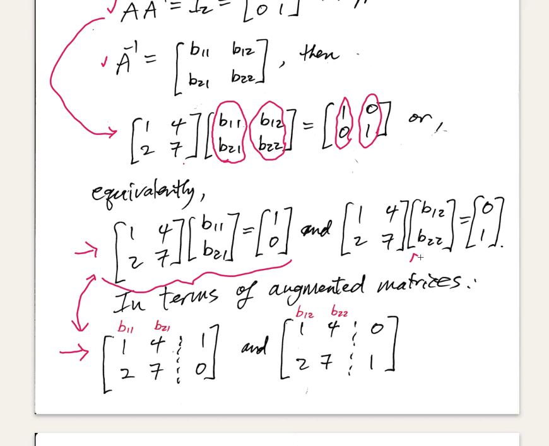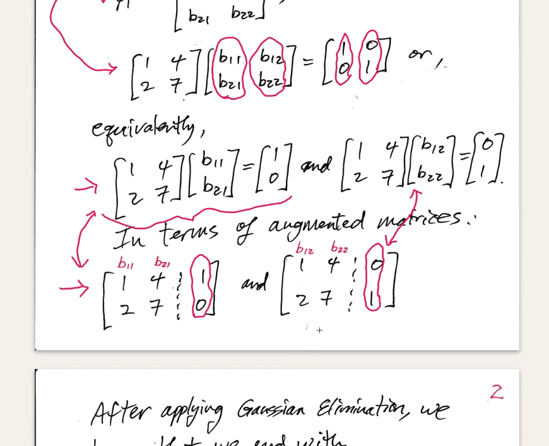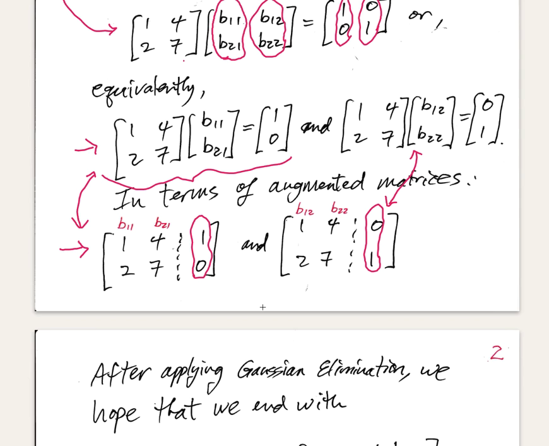Notice that we have a similar situation over here. The only difference between these two is the final column in each, the constant column in Gaussian elimination. The constant columns have changed. The submatrix to the left, the 1, 4, 2, 7, is identical in both cases.